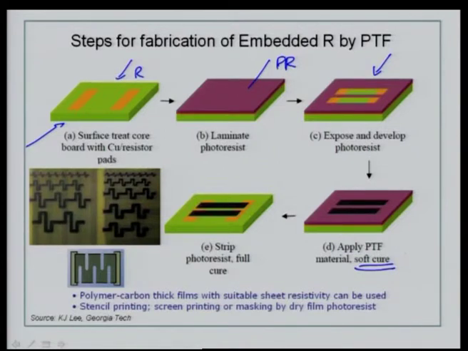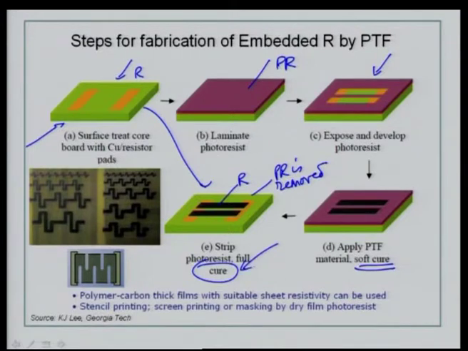Then you can remove the photoresist now, because the job of masking is over, and then you can strip the photoresist material and then fully cure it. So, now you can see that the photoresist is removed, PR is removed here, and you can see here on the copper pads you have the resistor material printed and it is fully cured.